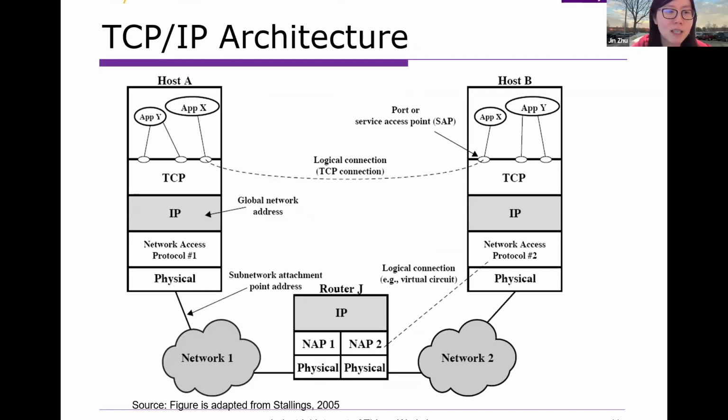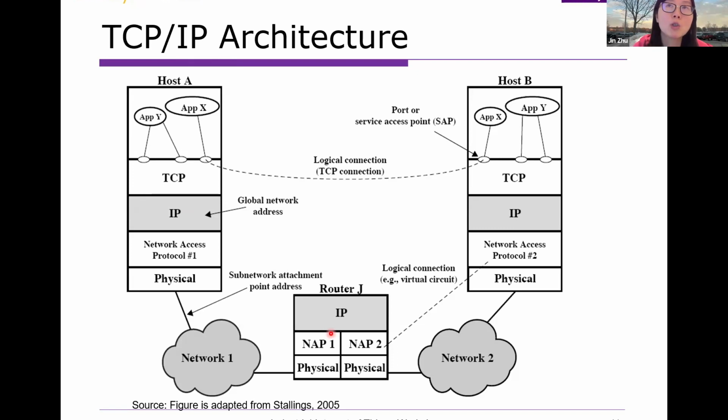What we can see is that the protocol suite is implemented in different hosts, like host A and host B, or in your computers, with applications going through the TCP transport layer and IP. We notice that IP is a global network address, so it has to be unique, like a mailing address for every person.